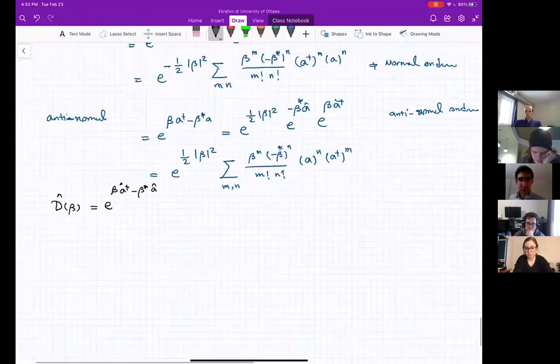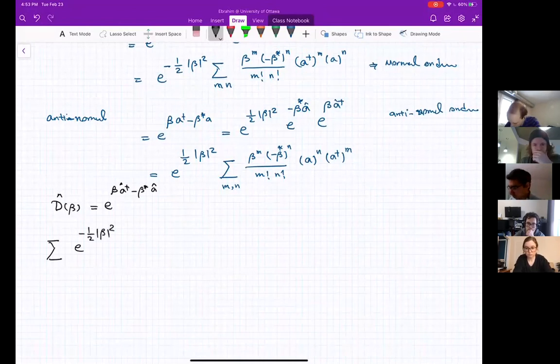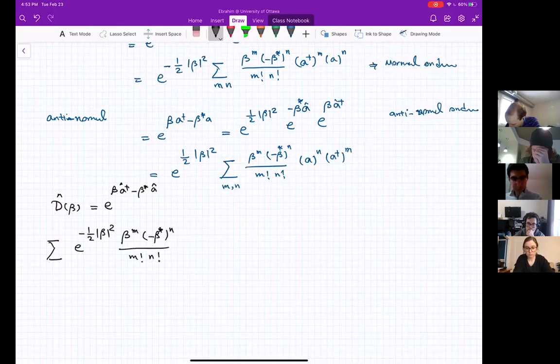In the normal order, we got summation of e^(−1/2 β²) of β^m (−β*)^n divided by m factorial n factorial, a†^m a^n.